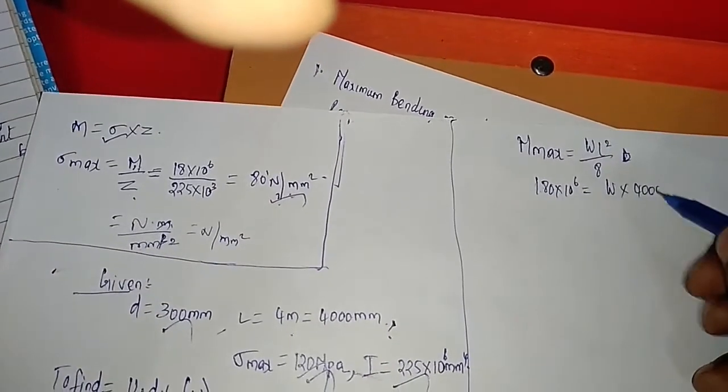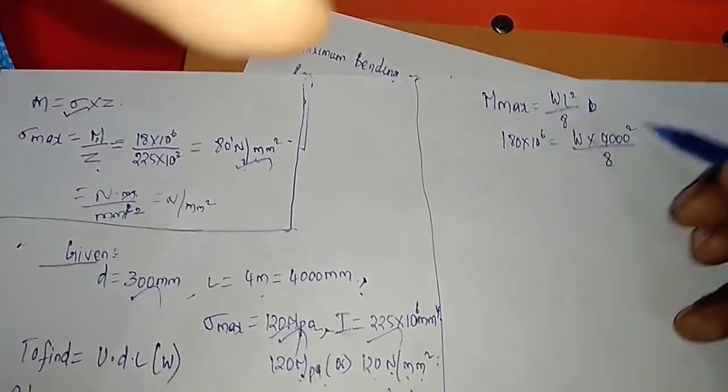So substitute 4 meters, 4000 millimeter. So 4000 the whole square divided by 8.